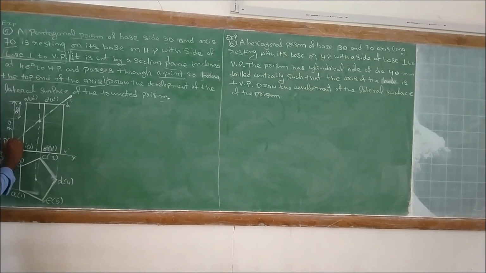So here it is SP, right? And it cuts at several points, and we need to mark the intersecting points between the section plane and the vertical lines, right?